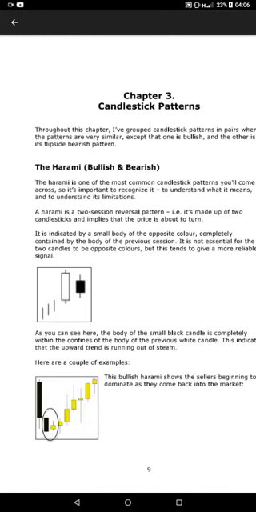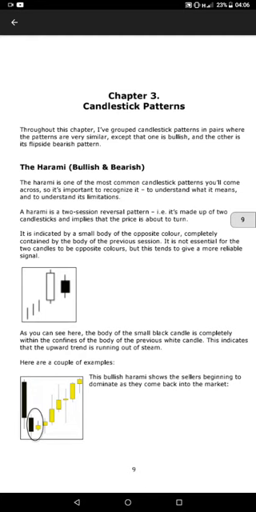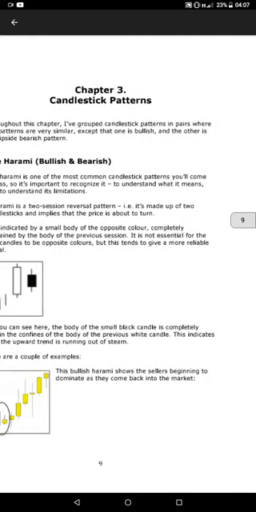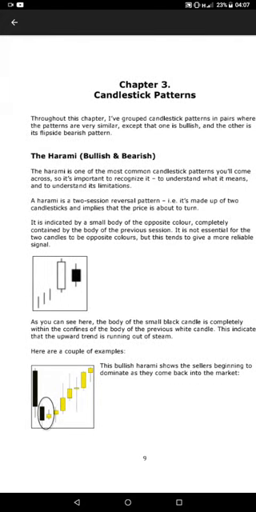Yeah, guys, the harami is one of the most common candlestick patterns you will come across, so it's important to recognize it, to understand what it means and to understand its limitations.